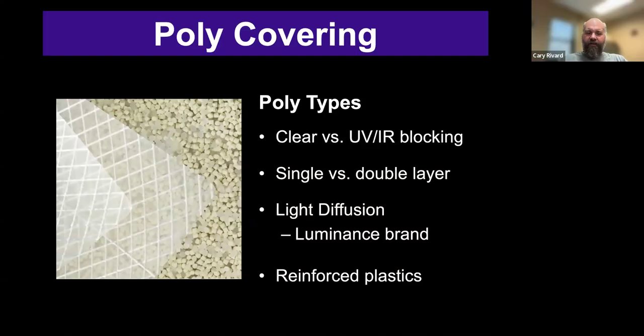A couple of growers have told me it is a fair bit more expensive than typical poly, but for some of our folks in central and western Kansas, I think people are having pretty good luck with this stuff. Now, anytime you start manipulating that plastic, you're going to change the light conditions. I do not know how much light these things cut out, but chances are it's going to be a bit more than your regular 6 mil poly.